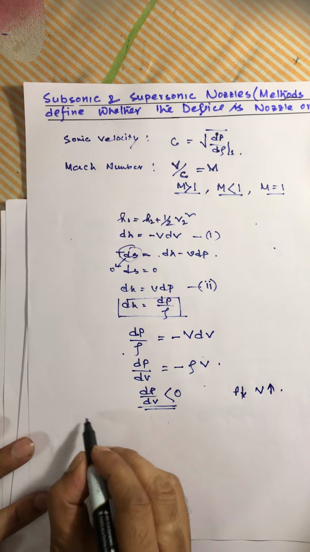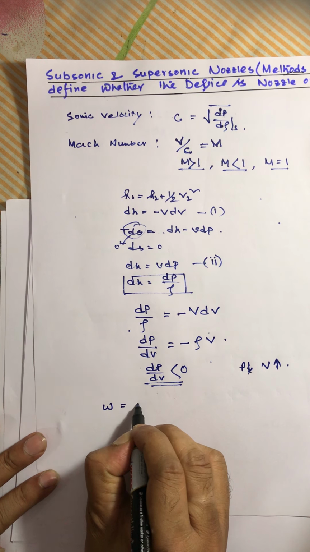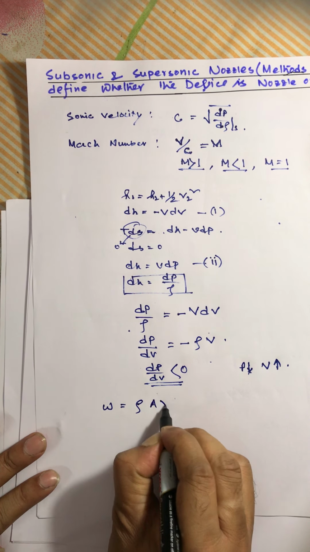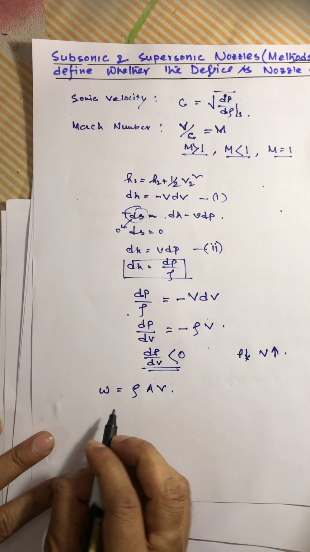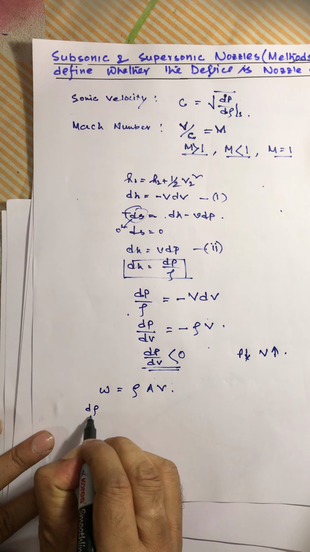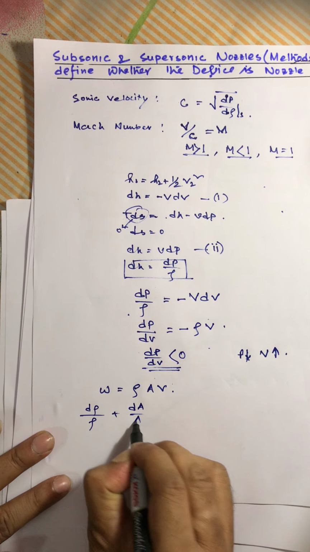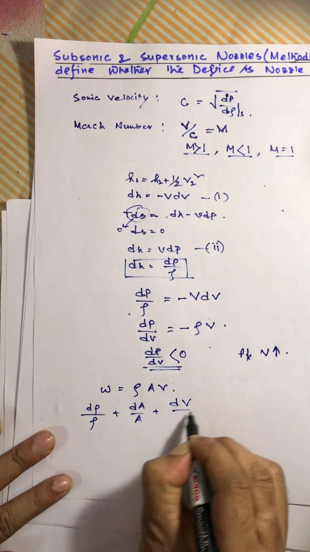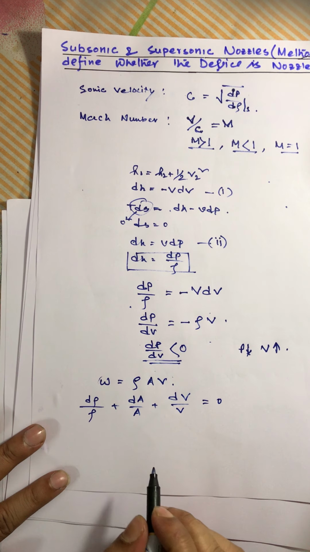Now, from the continuity equation, mass flow rate is equal to rho into A into V. By logarithmic differentiation, we can write d rho by rho plus dA by A plus dV by V is equal to 0, because mass flow rate is constant.